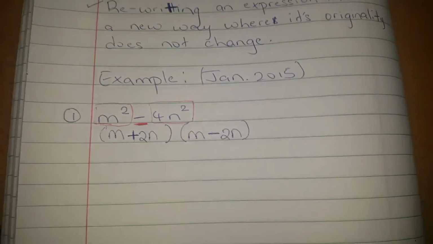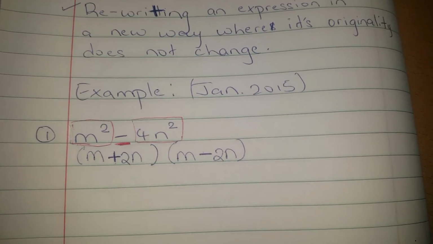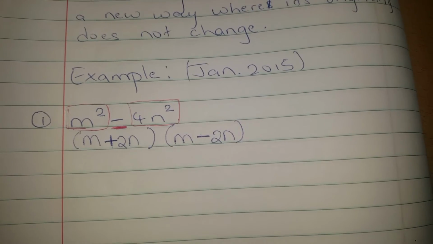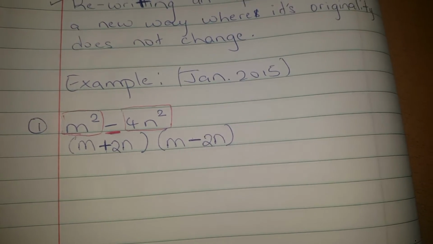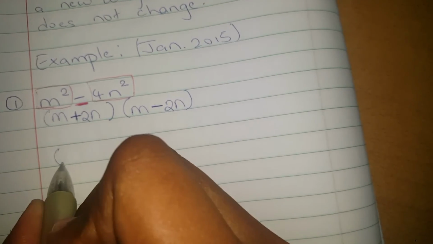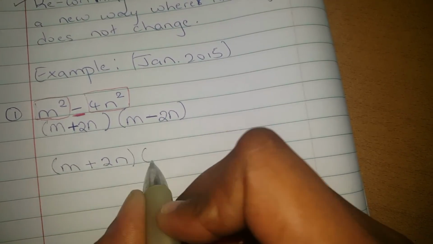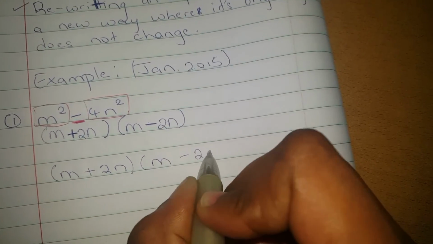In the end, this is all that is required of you, and you would have gotten your 2 marks. If you are still in disbelief as to how this happened, don't worry, we're going to prove it now. I'm going to rewrite it down here: m plus 2n and m minus 2n.